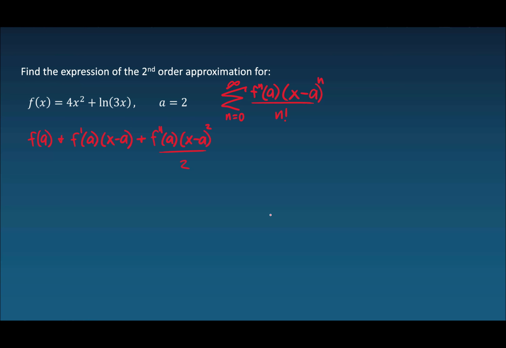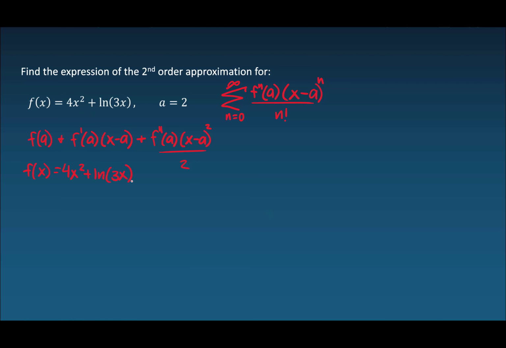So I'd say every time you see Taylor series, I want you to write the whole thing out first, because that tells us what pieces we need to collect. A lot of this is just asking, okay, what do I need? And then we're going to plug it in at the end. So this is telling me what I need to go searching for. So I'm going to start with our expression for f of x, and I'll write that out again: f of x equals 4x squared plus ln 3x.